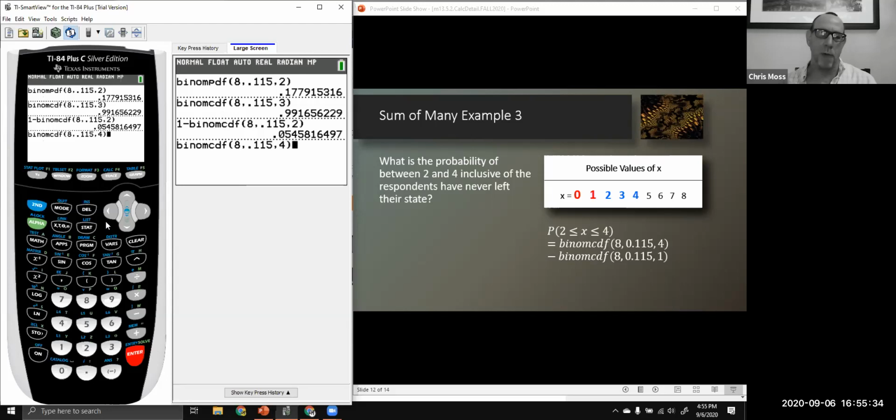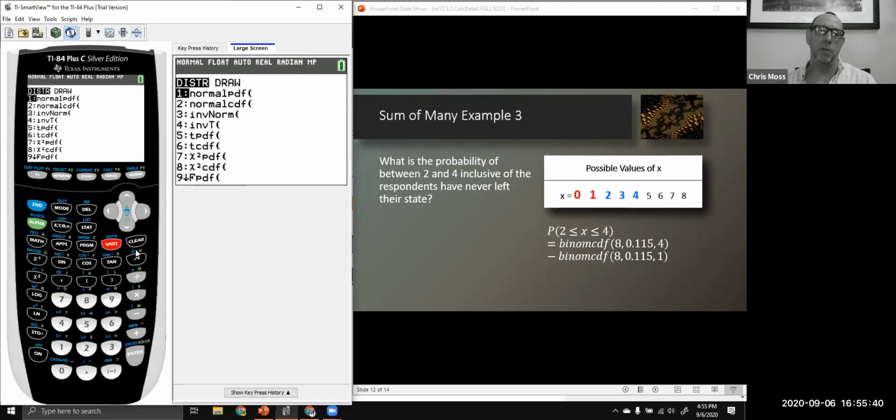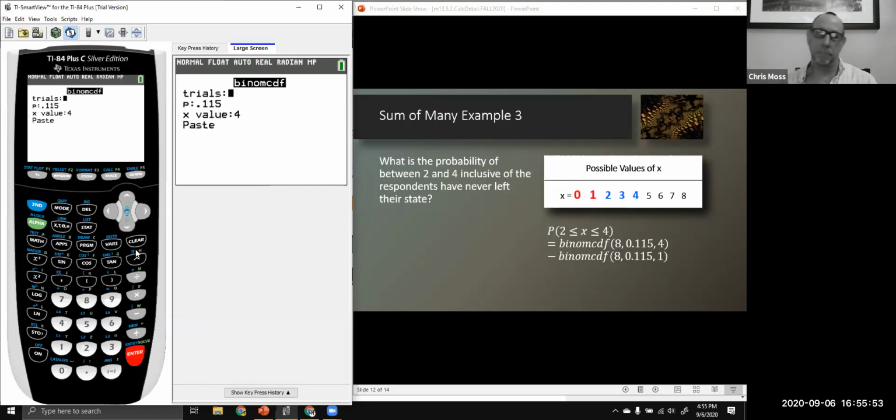I need to subtract, minus, back to the cumulative distribution function. Down, down, down. Ooh, too far. Go back. There he is. Enter, enter. All the way up to 1.